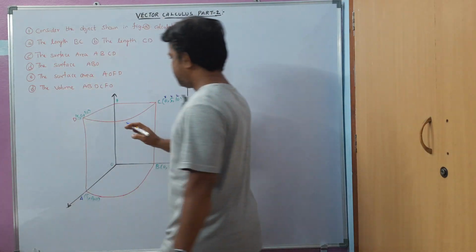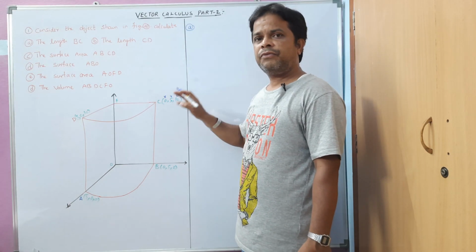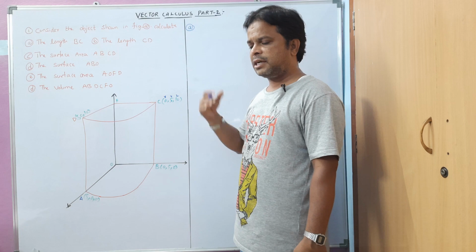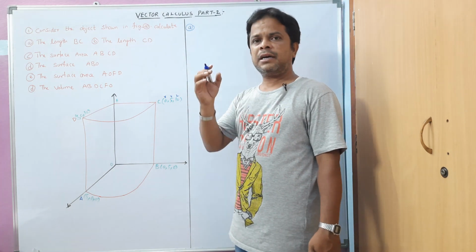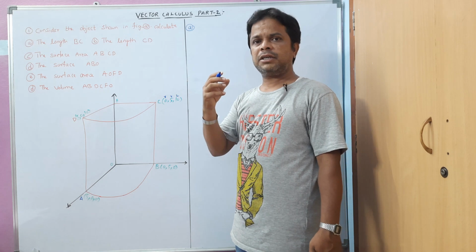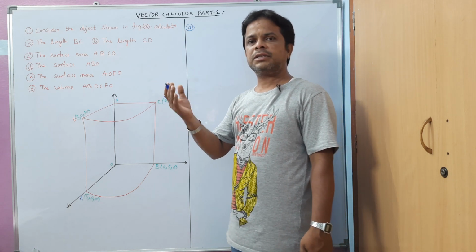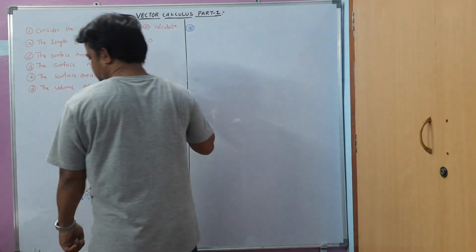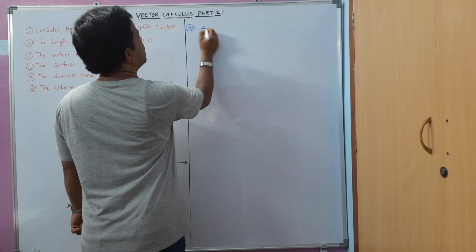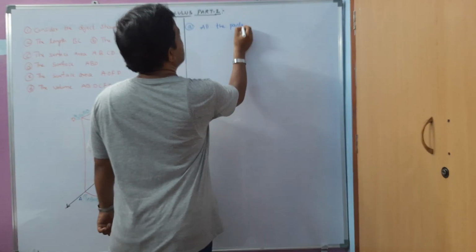As we know that these coordinates have been given in the Cartesian coordinate system, let us convert them into cylindrical ones. We have the basic relations to convert Cartesian to cylindrical and vice versa.